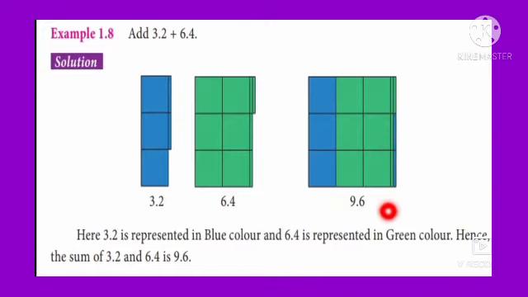So 9.6 is the required sum of the given two decimal numbers 3.2 and 6.4. Here 3.2 is represented in blue color and 6.4 is represented in green color. Hence the sum of 3.2 and 6.4 is 9.6.